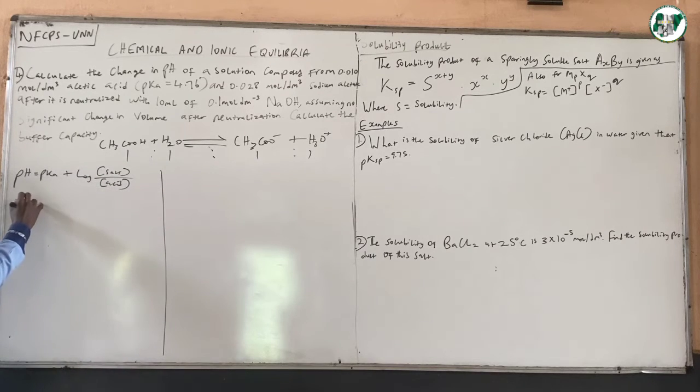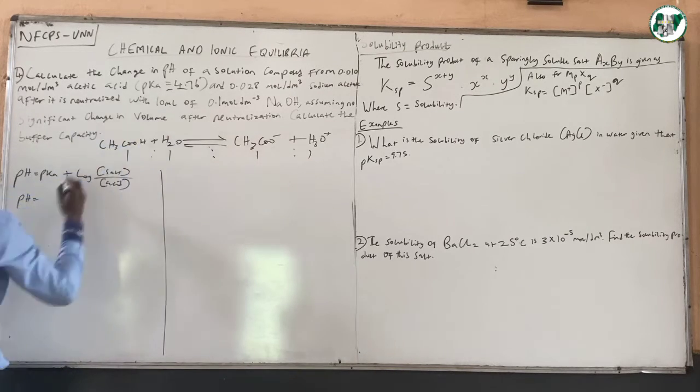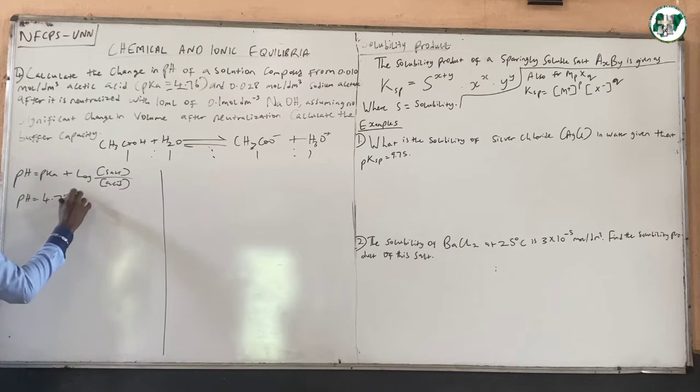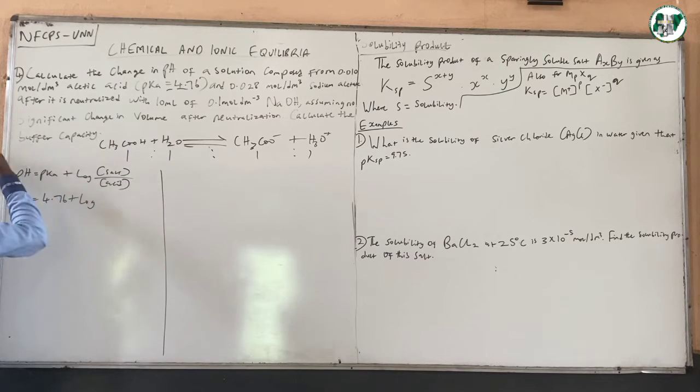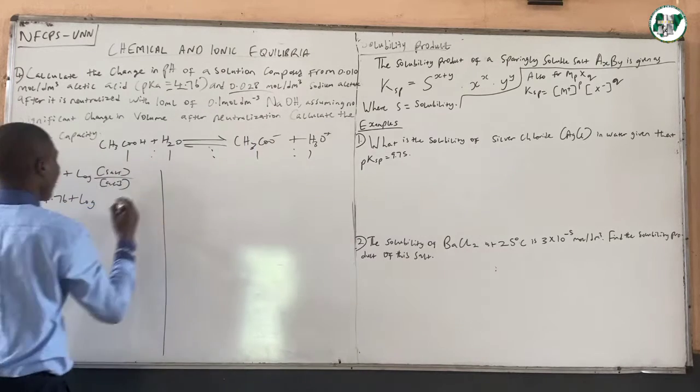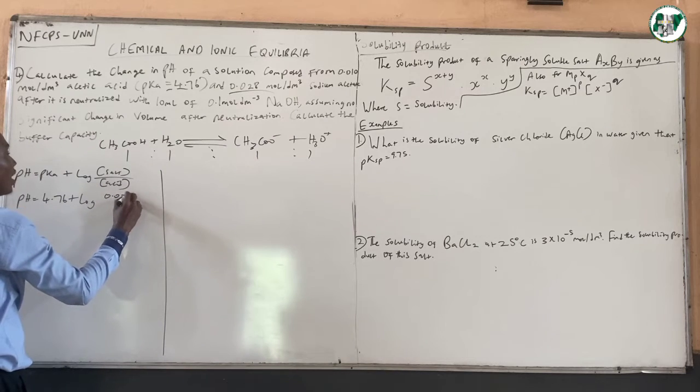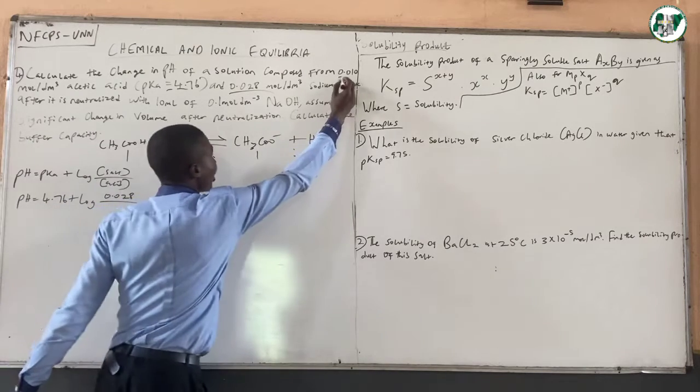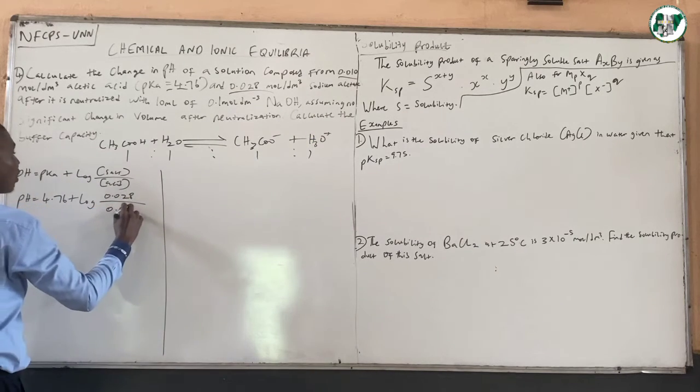So our pH is equal to pKa, according to this, 4.76, plus log of the concentration of the salt over the acid. The salt is 0.028, and the acid is 0.010.